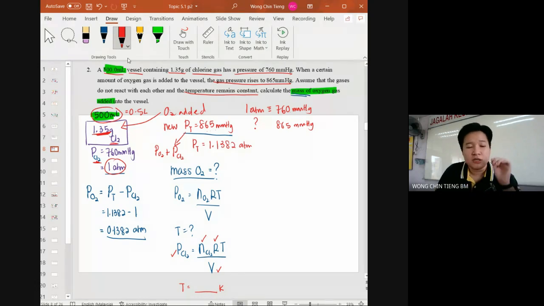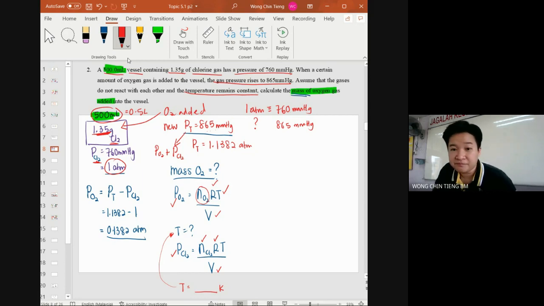Sebab tu saya tunjuk. Cara ni boleh buat. Dan apa yang Zul buat, kita cari temperature and then kita masukkan temperature kat sini. So you have the pressure, you have the R, you have the temperature that you calculated, volume dah ada, kekal 0.5, dan kamu dapat number of mole. Betul? Betul Zul? So daripada number of mole kita cari mass lah. Agree? Alright, so we can use this method, but we need to use it twice. You need to find the constant temperature.